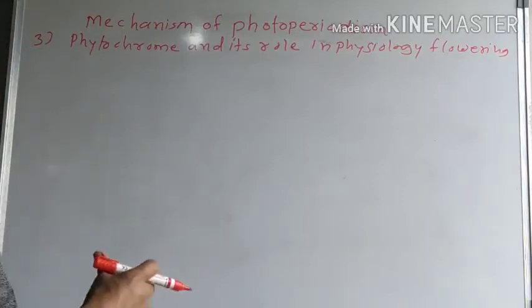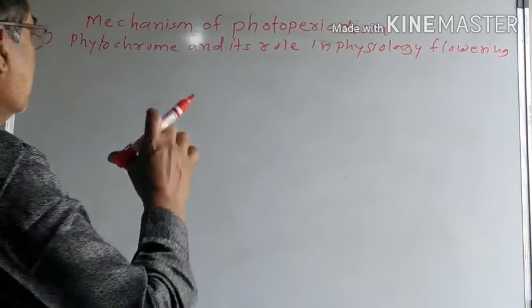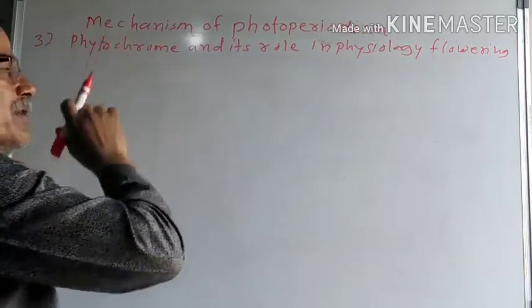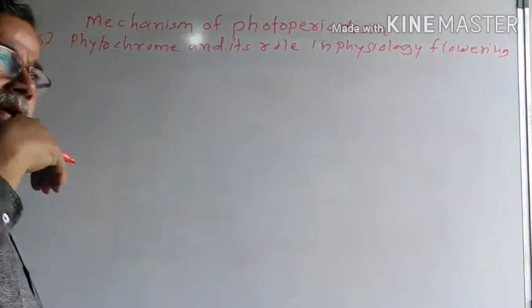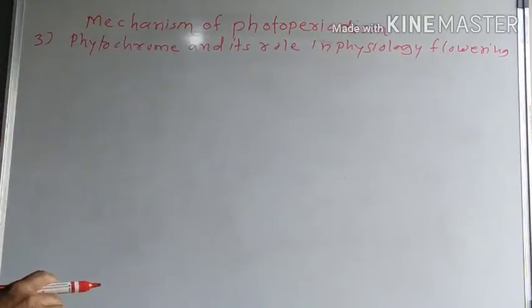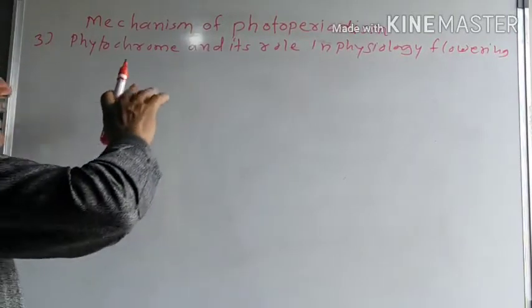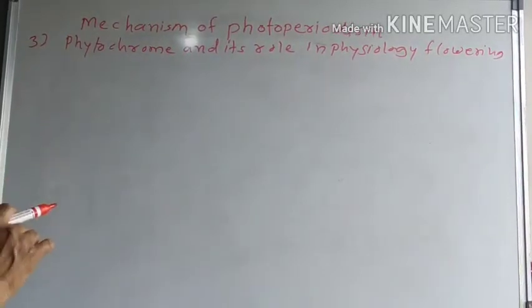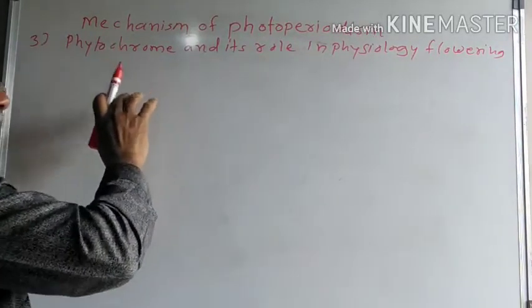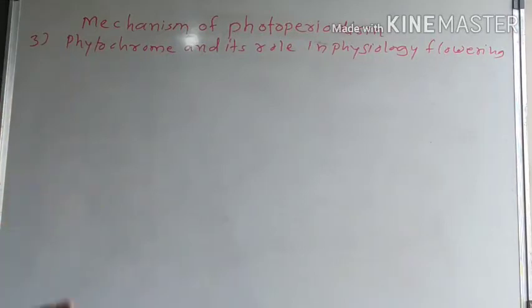Short day plants require a short duration of light period and a longer dark period. That time is known as photoperiodic induction, and then these short day plants produce flowers.